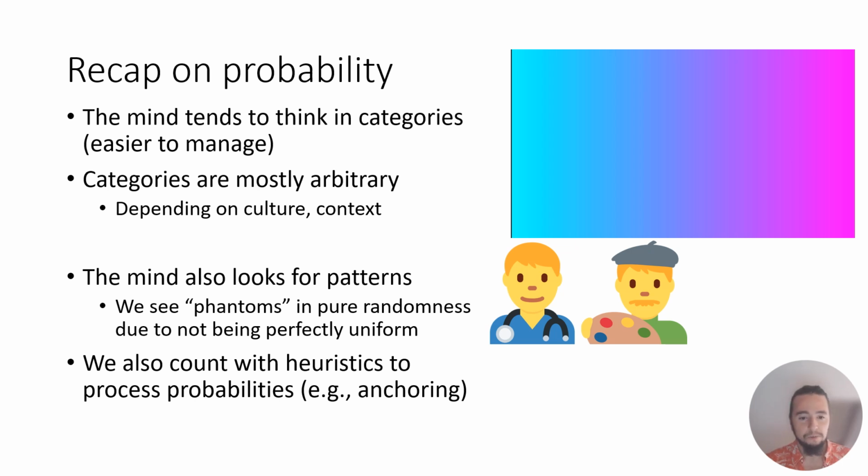First of all, I want to remind ourselves that probabilities are continuums, and our minds normally deal harshly with continuums because they tend to think in categories because they are easier to manage. These categories are mostly arbitrary. As you can see here in this continuum of colors, I would say that the blue stops here and then starts purple, and then the purple stops here and starts pink. But maybe these arbitrary categories from myself could be insufficient for a painter or someone trained in visual arts, who will have a lot more categories to be precise and specific with the colors.